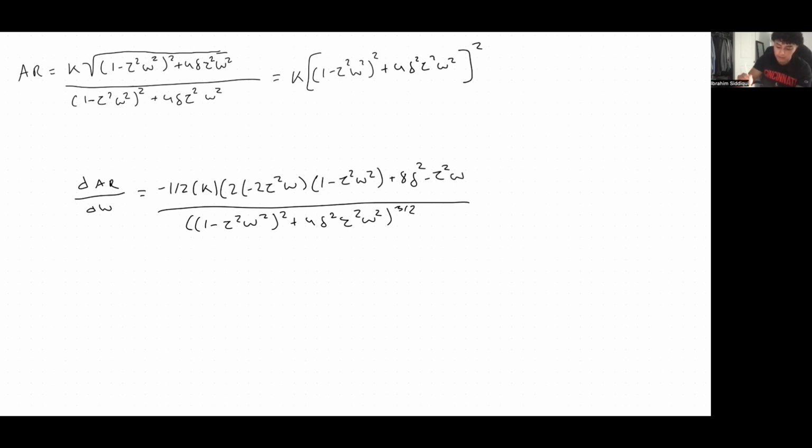We're getting close to the end here. We can now find the max of our amplitude ratio with this function, so we want to set our function to 0. Doing that, we get 4 tau squared times omega multiplied by 2 delta squared minus 1 minus tau squared times omega squared.